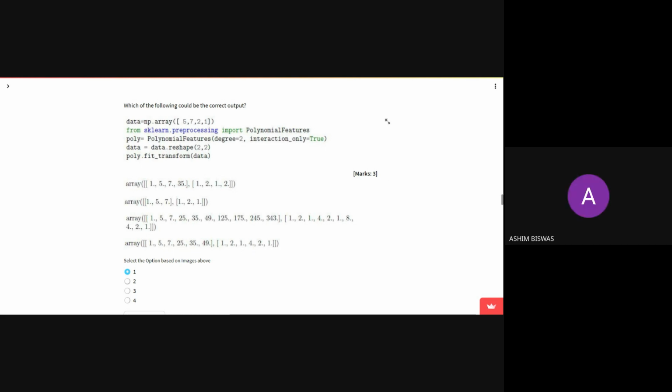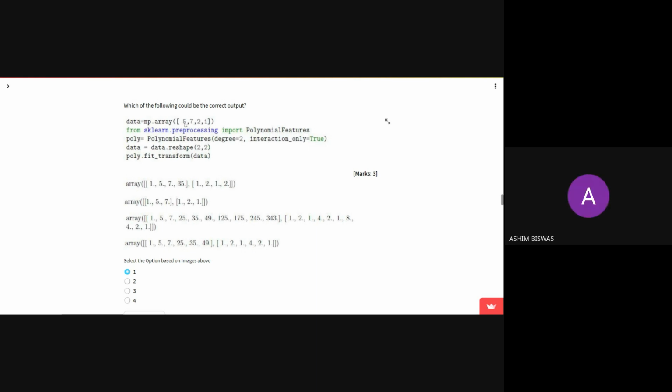So x1, x2, and x1 times x2, because the degree is 2, right? Yeah. So we take x1, then x2, and then x1 x2, along with a bias, because include bias is set to true by default.